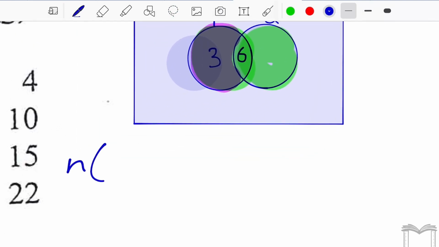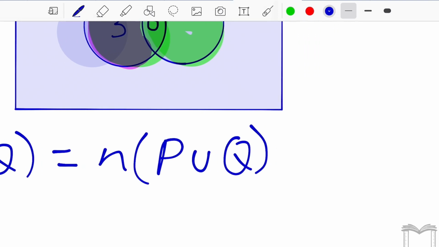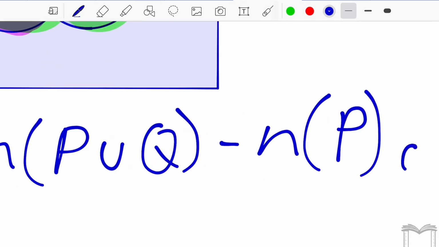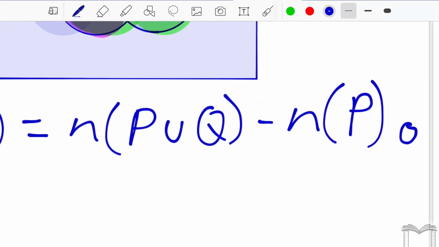The number of elements in Q, as I just illustrated, is equal to the number of elements in P union Q, which they gave us, take away the number of elements in P only. I put O for only, because I don't have enough space.